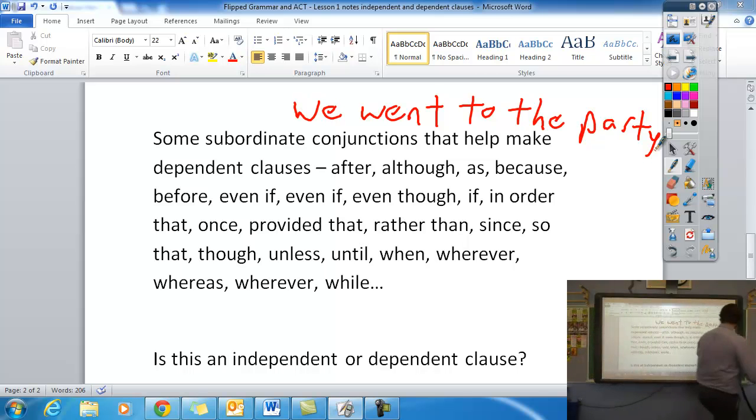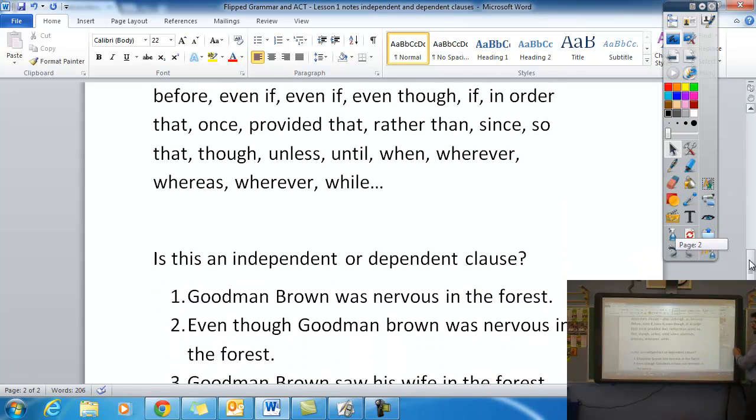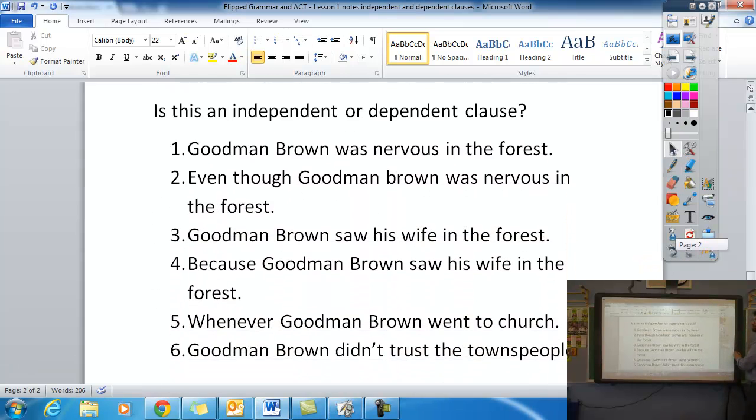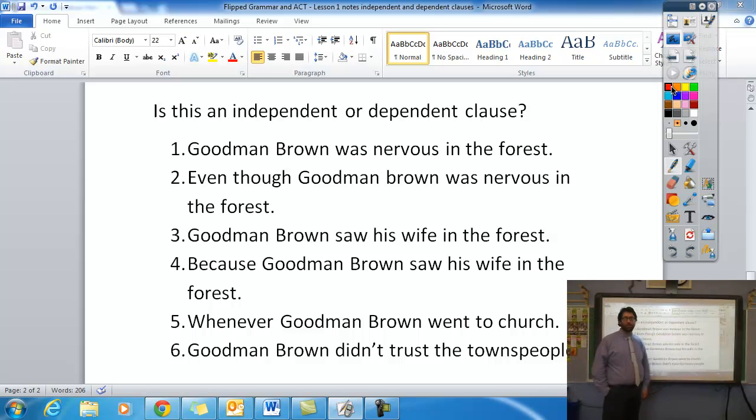So let's clear the screen here. Let's scroll down a little bit. Okay? So let's take a look at these here. Are these independent or dependent? What do you think? Let's go through a couple of them together. Goodman Brown was nervous in the forest.